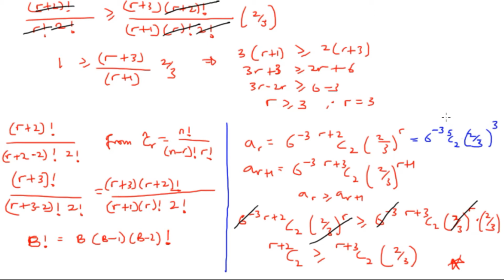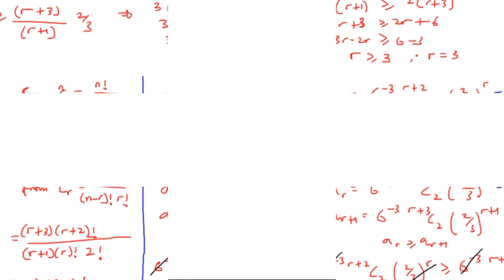So 6 raised to power minus 3 times 5 combination 2 multiplied by 2 over 3 raised to power 3. If you press that on your calculator, that should be equal to 10 over 729. So this is the greatest coefficient for that particular binomial with negative power.